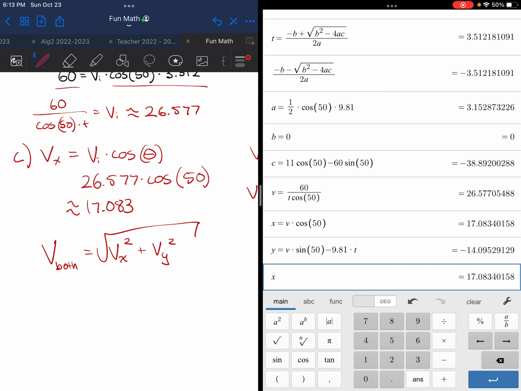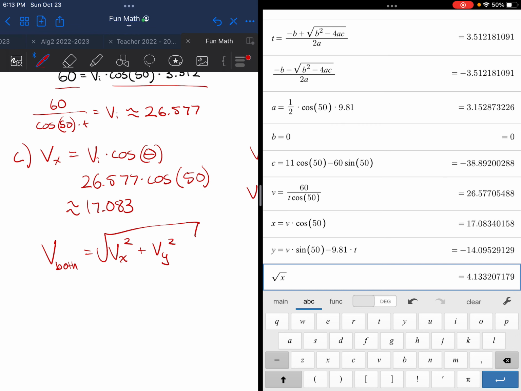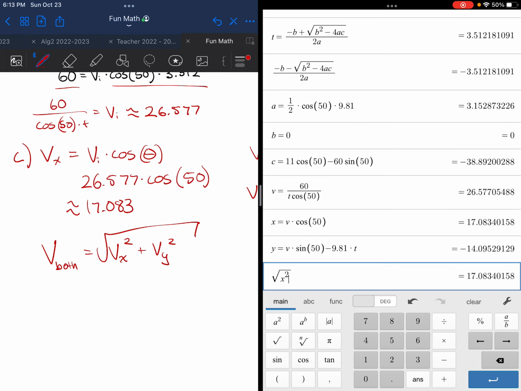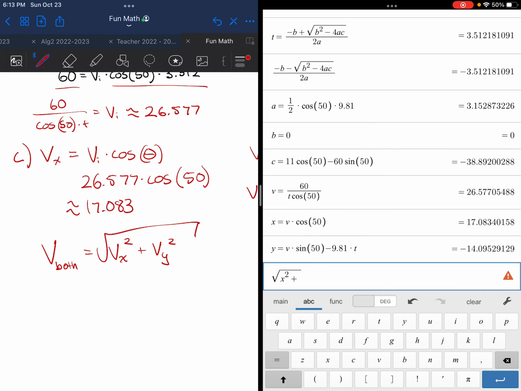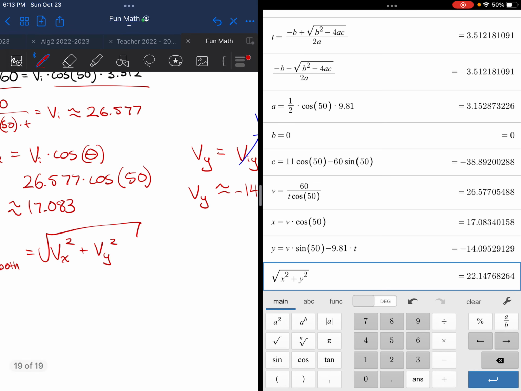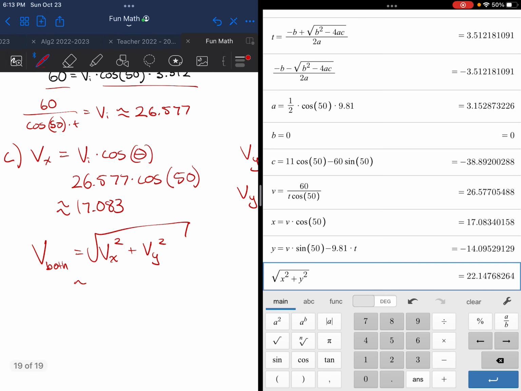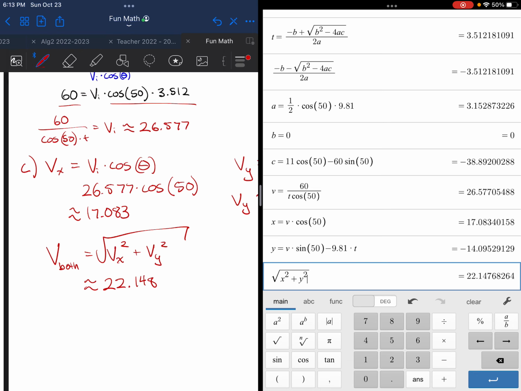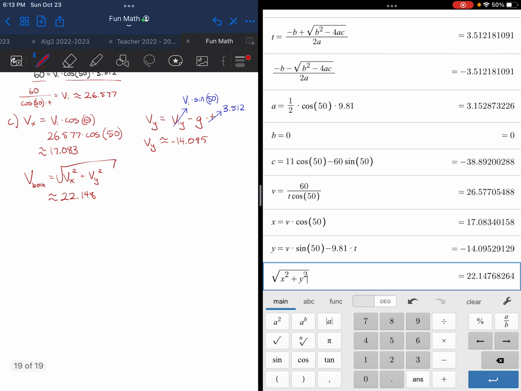I should do the square root first, huh? The square root of the x squared plus the y squared, and there it is, 22.148. So this is about 22.148. Cool.